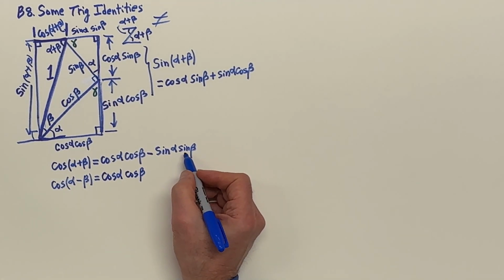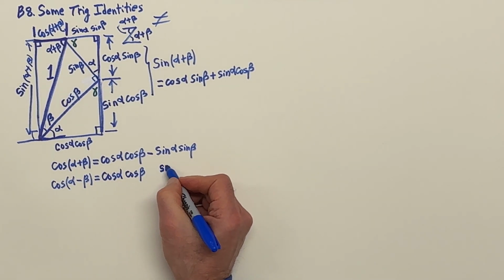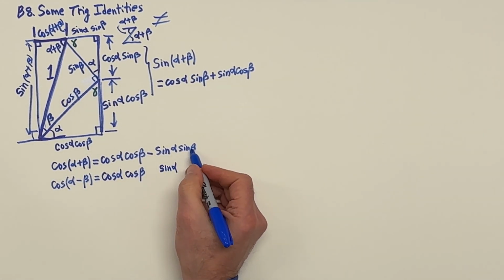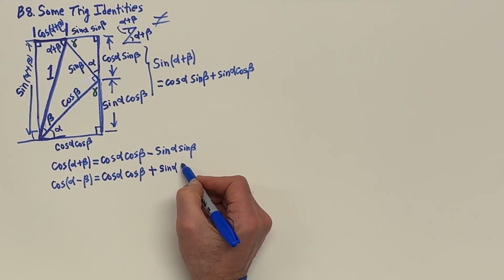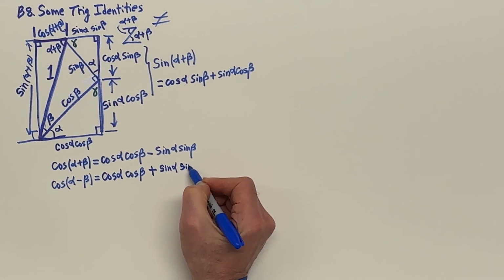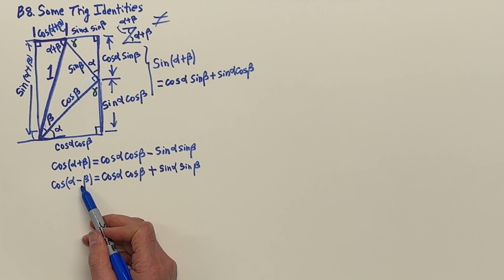And now here, the sine will care. So now we didn't change the alpha, so we have the sine of alpha here. But the minus beta in there is going to flip the sign and make this a plus sign. So this is going to be the trigonometric identity for the difference.